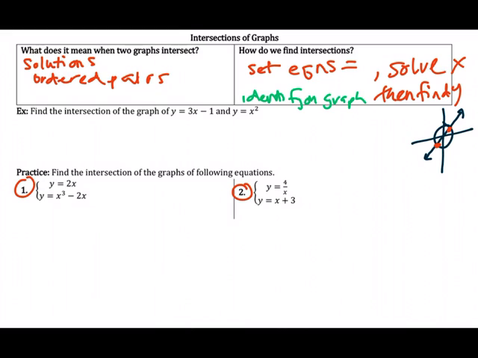So, how we're going to end this video is by doing some practice using this idea of solving a system to find the solution to a system of equations. Here we have a line and we have a quadratic. If I have a quadratic and a line, they could cross twice, they could cross once, or they could not cross at all.